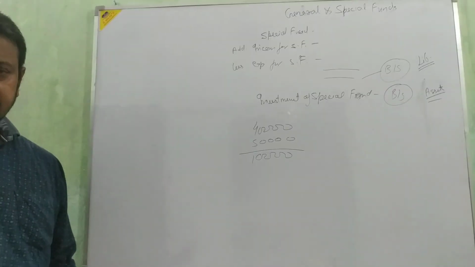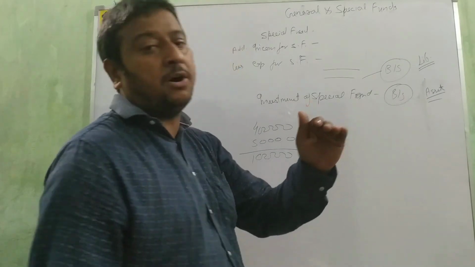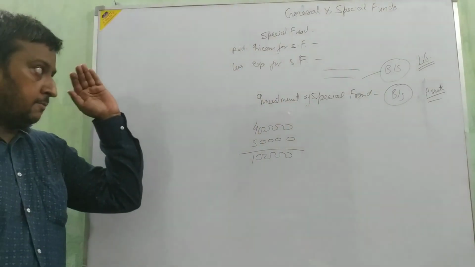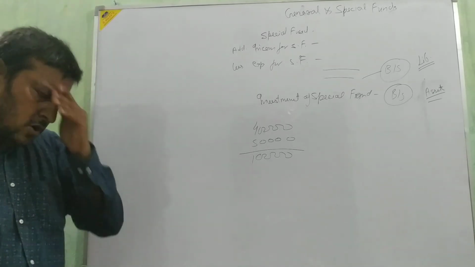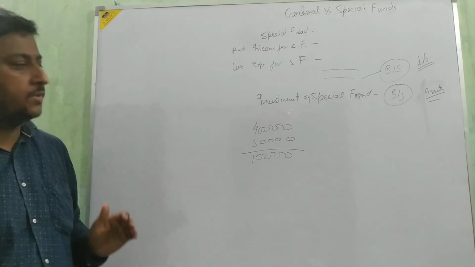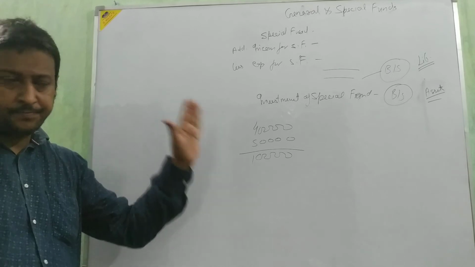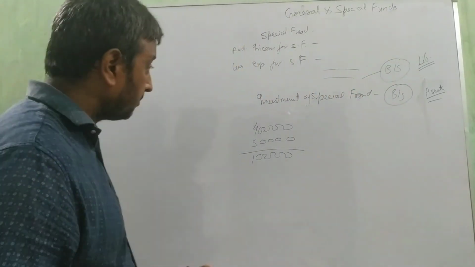If the expense amount is more than the fund, then the remaining amount we are going to show in the expense side. Okay beta, clear?